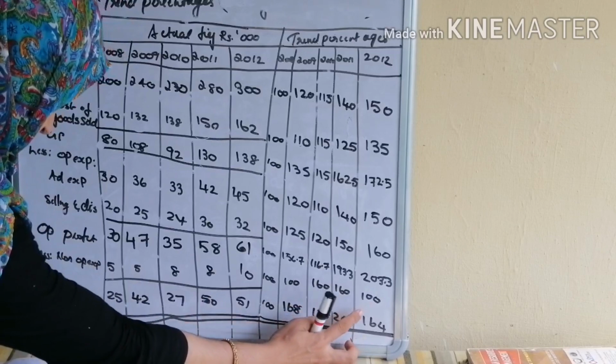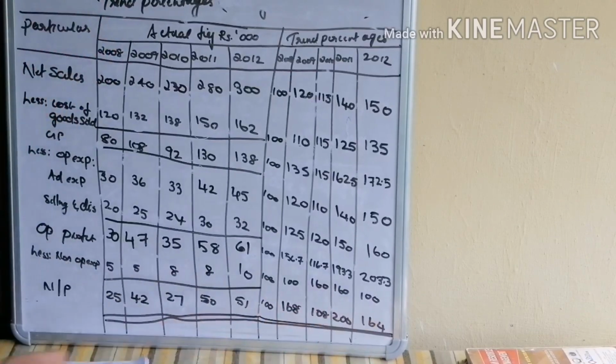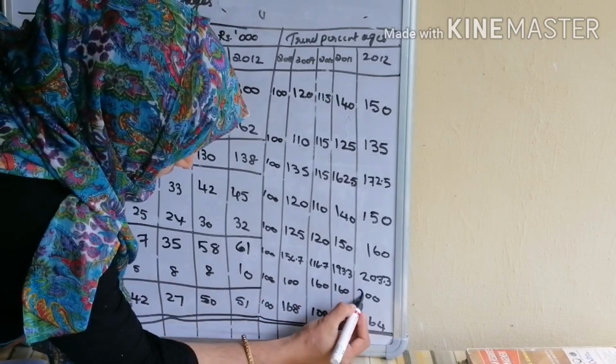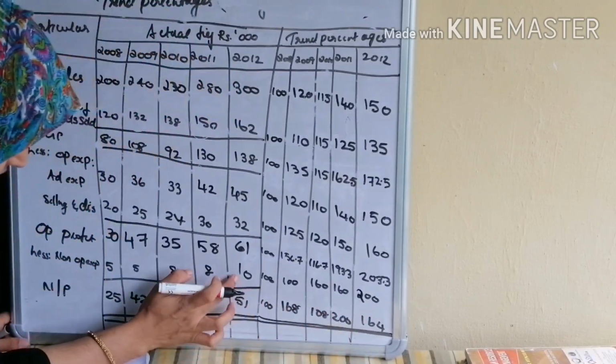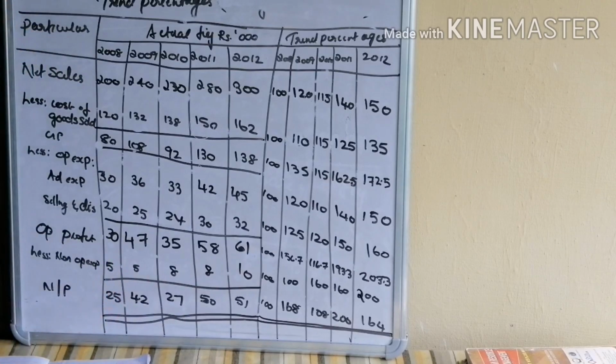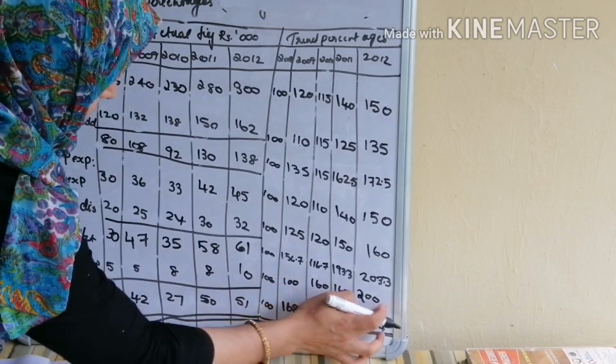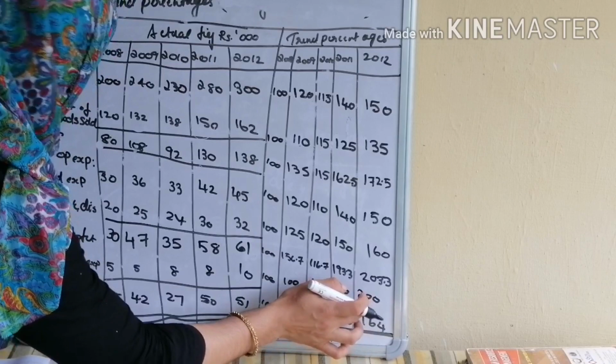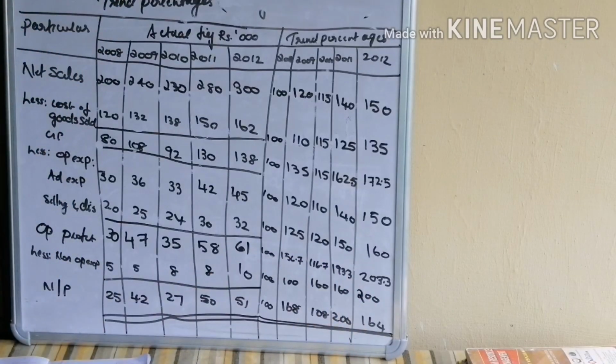Sorry, this is not 100, this is 200, because here is 10, here is 5. 10 divided by 5 into 100, that is 200 in 2012 for the non-operating expense percentage.